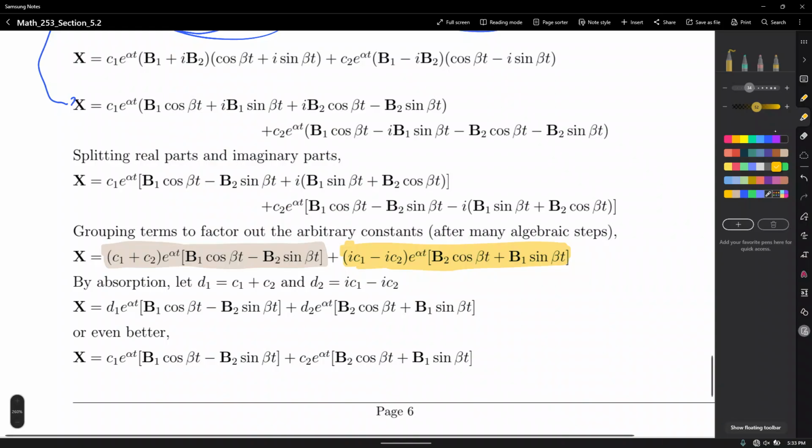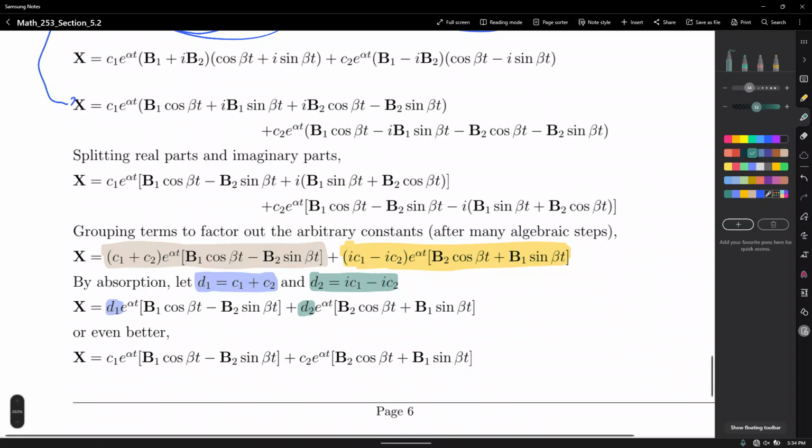And in this case, check this out. I'm just setting C1 plus C2 equal to D1 right here, and i C1 minus i C2 equal to another arbitrary constant, D2. That's what they become. Let me use different highlighters. C1 plus C2 becomes D1, and i C1 minus i C2 becomes D2.